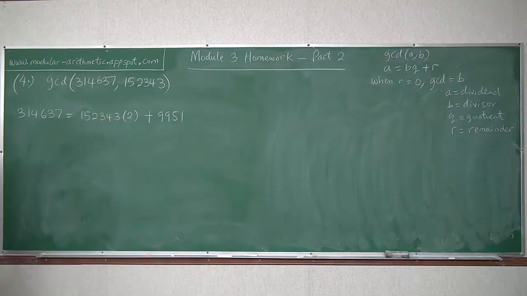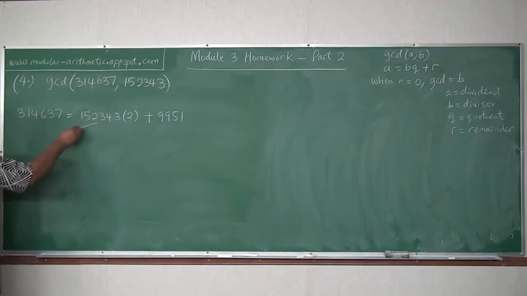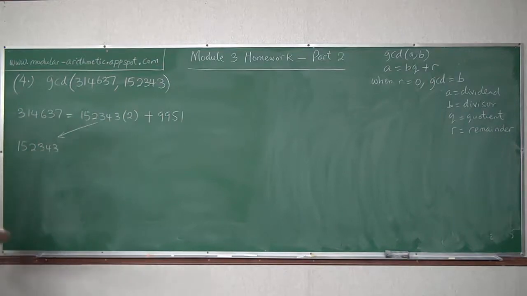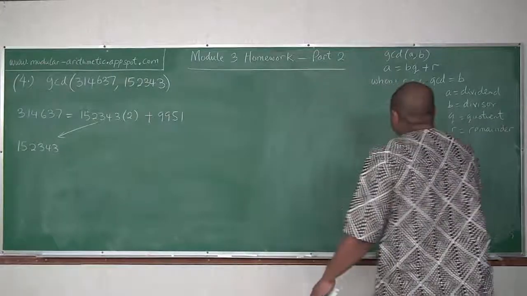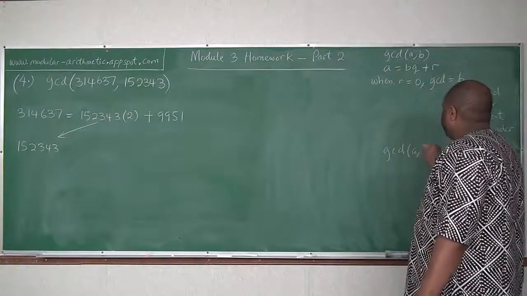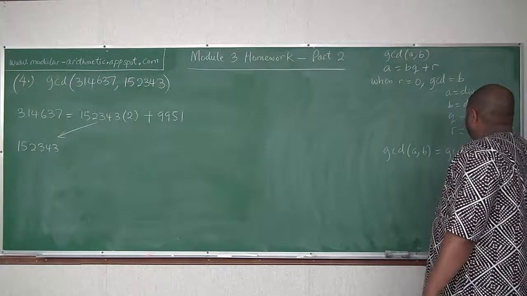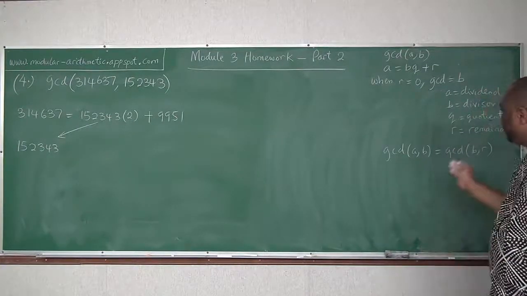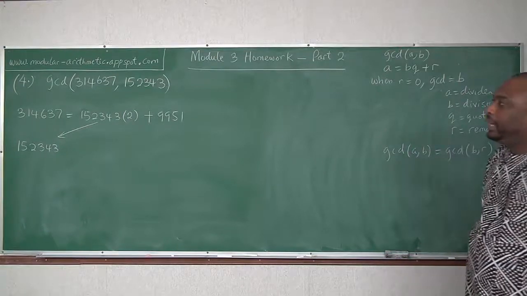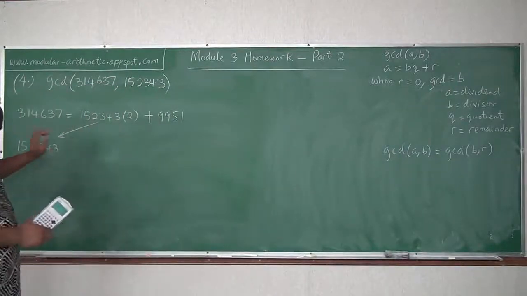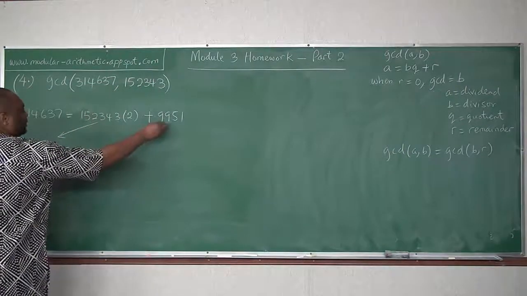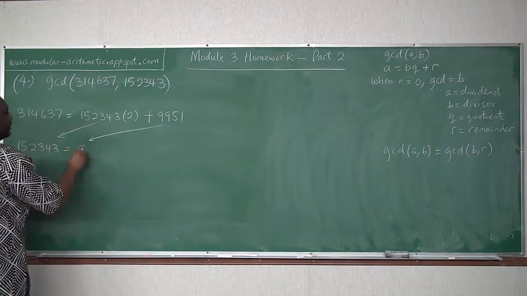Remember, with the Euclidean algorithm, we noted in those videos that the GCD of A and B is the same as the GCD of B and R. So now this becomes our dividend, and this is our divisor.